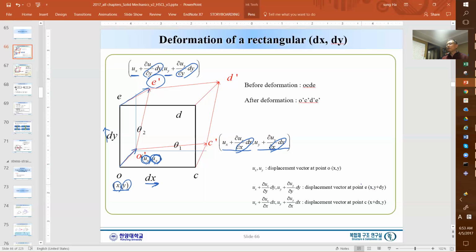So this is the displacement field of O, C, D, E and O prime, C prime, D prime, E prime. We didn't consider D to D prime because it depends on the others.